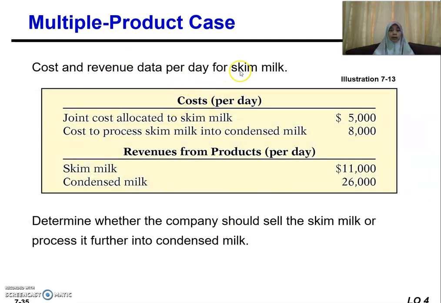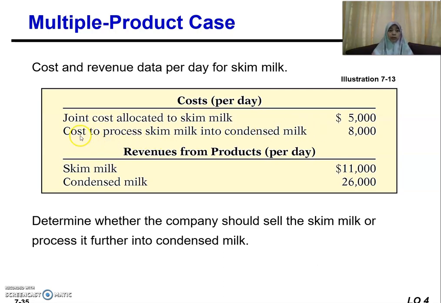So what about the skim milk? The cost that you need to incur, the joint cost allocated to skim milk, is 5,000. So this one is a sunk cost. The joint cost, remember, is a sunk cost. Therefore, it is not relevant for your decision making because you already incurred that cost, regardless of whether you want to further process or you want to sell it at its current state.